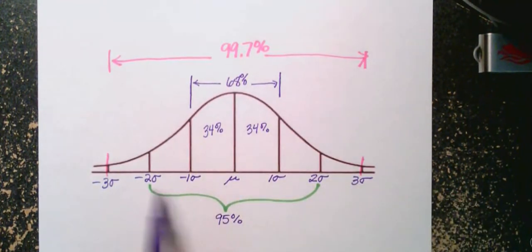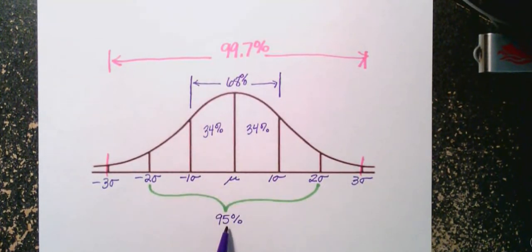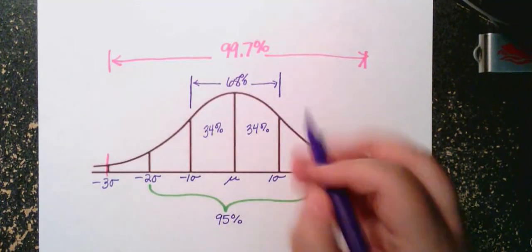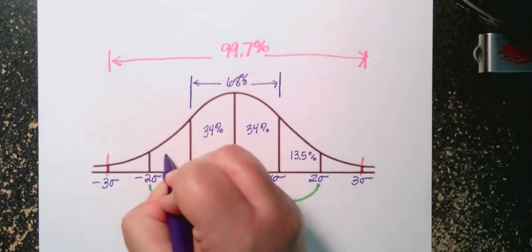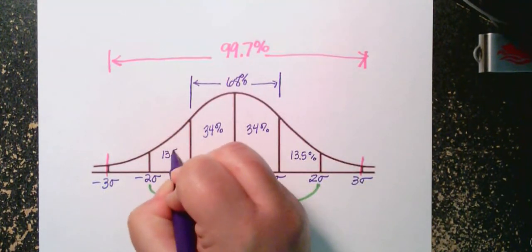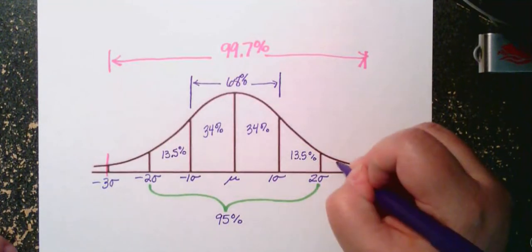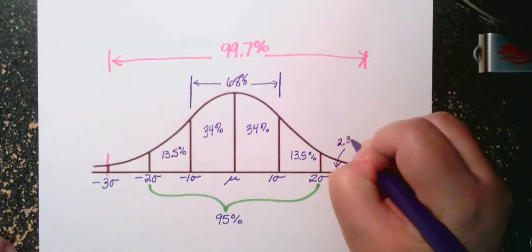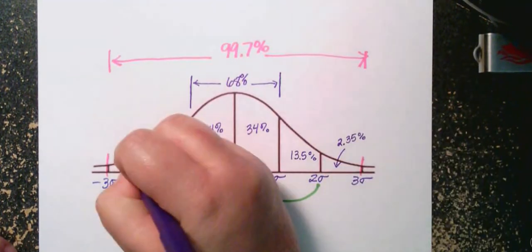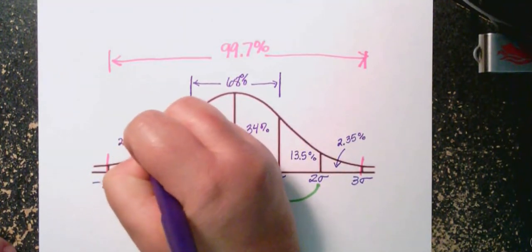Let's look at this percentage-wise. If we had 68% here, 95 minus 68, it turns out that about 13.5% of your data is going to be in each of those 2 sections. And then the next 2 sections, we say that about 2.35% of your data is in each of those 2 little sections.